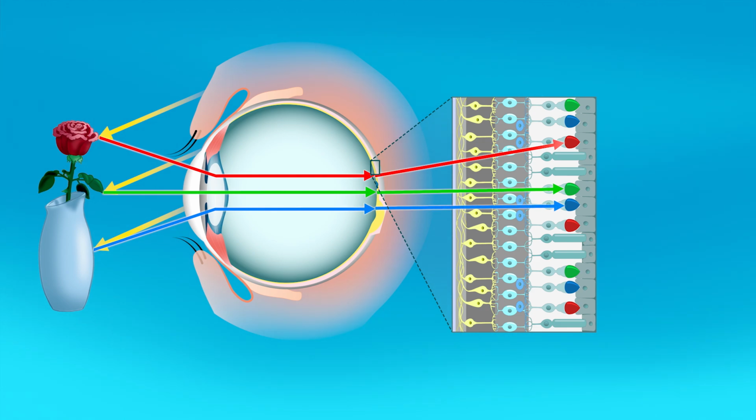The impulses from the cones travel to the visual cortex of the brain, where they are interpreted as the colors red, green, and blue. But what about colors other than red, green, or blue? If we have cones only for red, green, or blue, how do we see something that is yellow or purple?